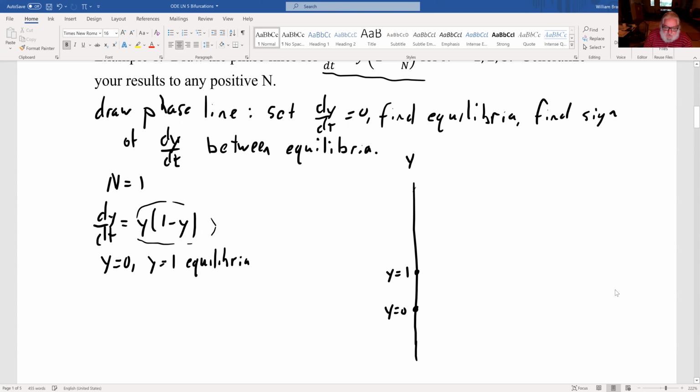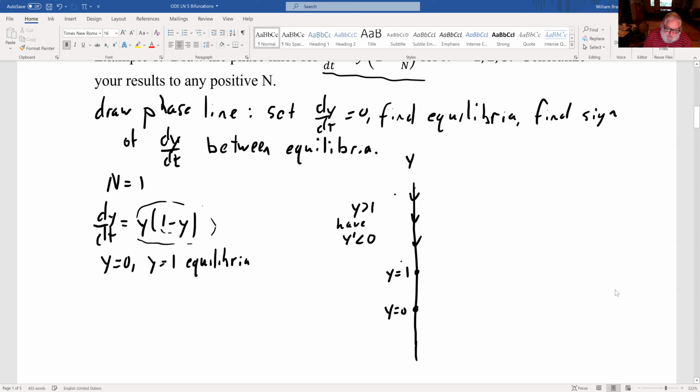If we look at y's that are bigger than 1, then y is positive and 1 minus y is negative. So for y bigger than 1, y prime is less than 0, so my arrows go down.